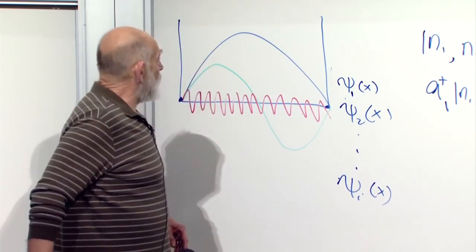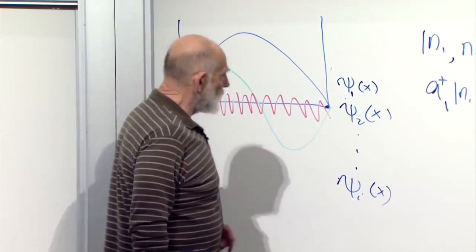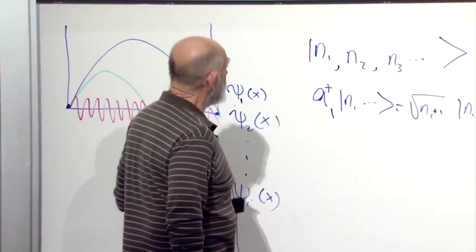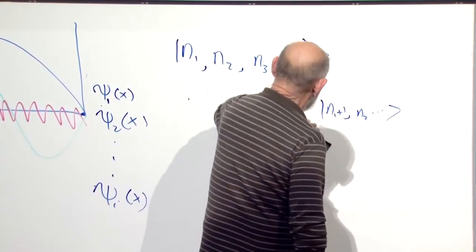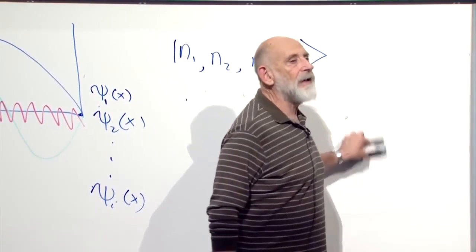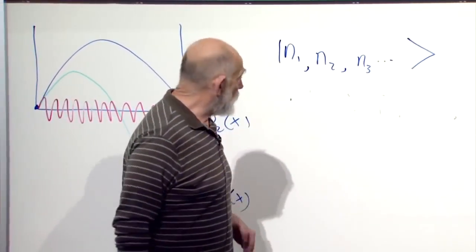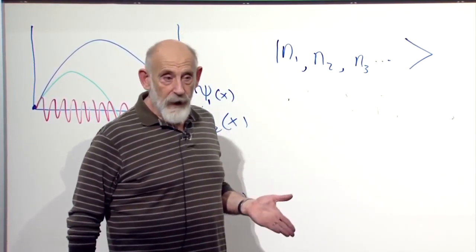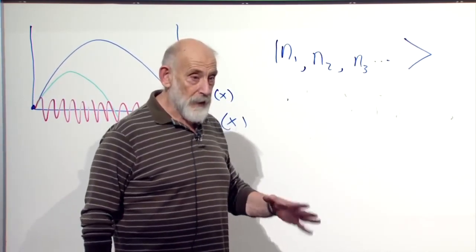What's the vacuum in this language? Well, first of all, it's the state which is annihilated by all of the annihilation operators. When you try to lower any occupation number, there's nothing there to lower, so the state becomes zero.